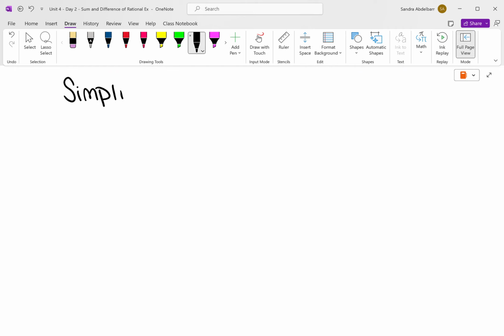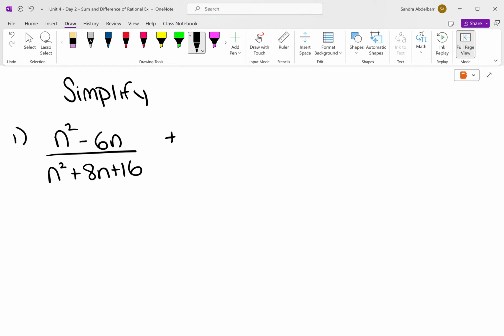So my directions are to simplify. Okay, we are not solving, we are simplifying.